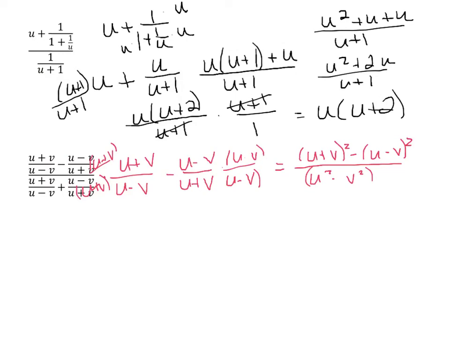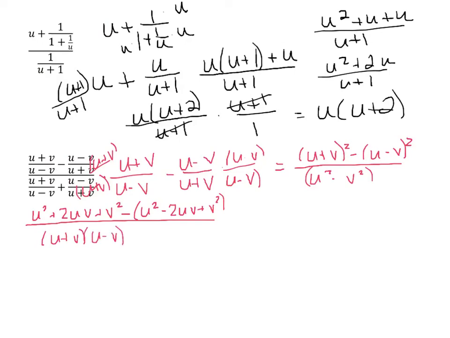I will need to expand all of this and refactor it, and when I combine like terms, u squared minus u squared, 2uv minus negative, that's plus 2uv, so that's 4uv, and then v squared minus v squared.